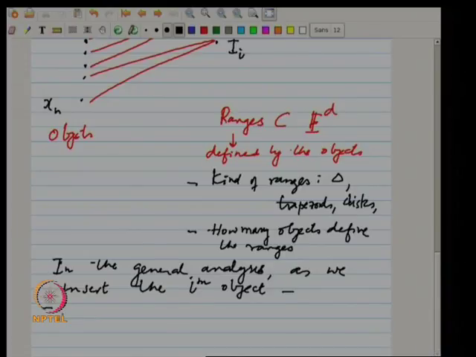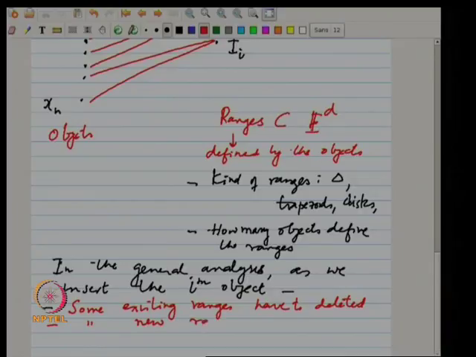One is that some existing ranges have to be deleted; some of the old intervals disappear. Some new ranges have to be created. And when we do this, we have to reallocate, or basically we have to change these edges.